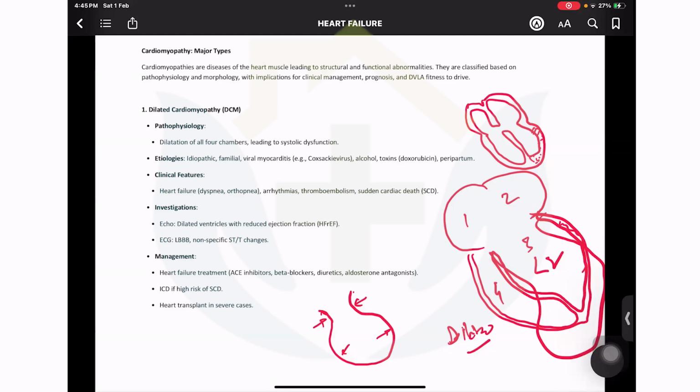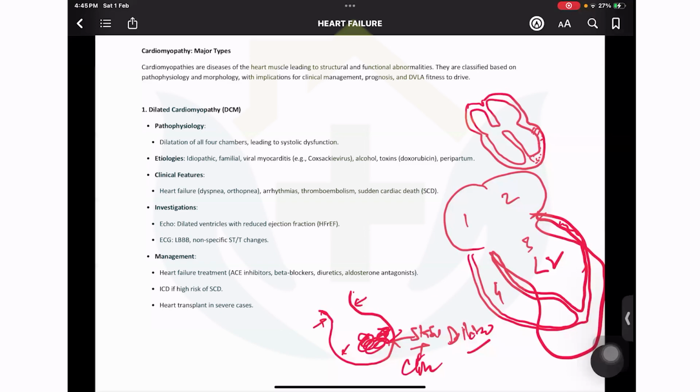Because this ventricle is thinned out and not contracting very well, some amount of blood inside the cavity will undergo stasis, and in medicine stasis will lead to clot formation. So a thrombus might be formed. Thromboembolism is a problem. Ventricular arrhythmias can lead to sudden cardiac death.